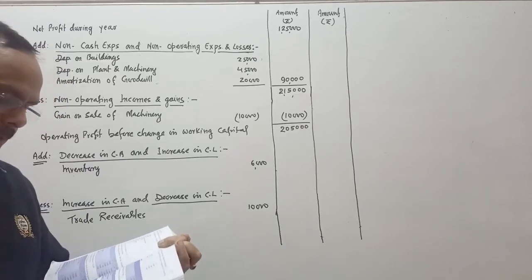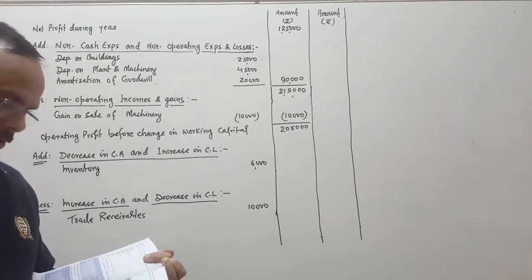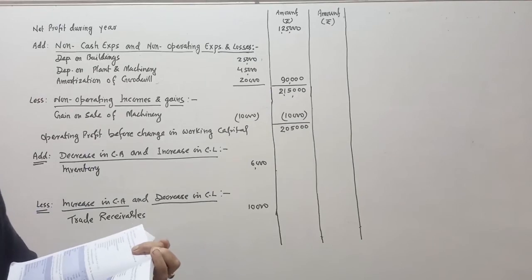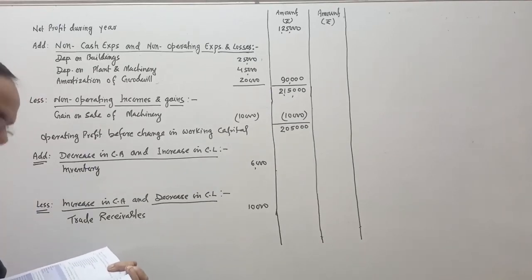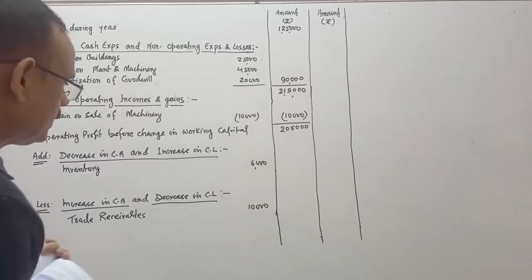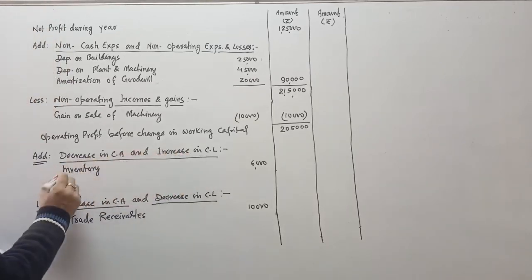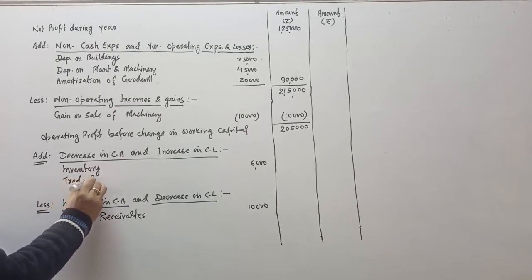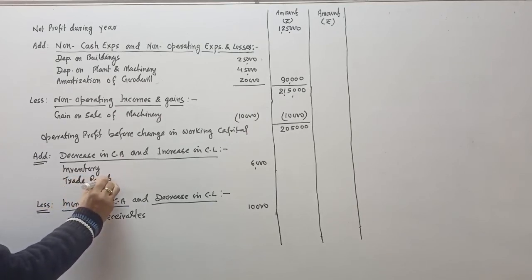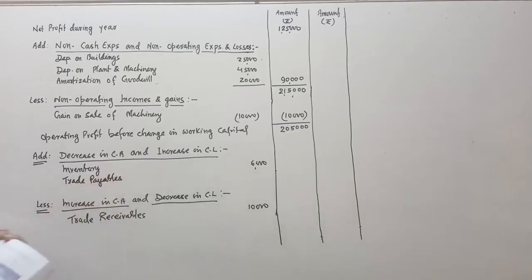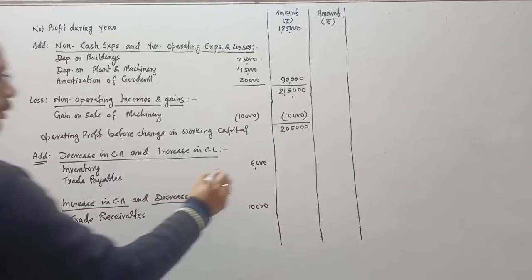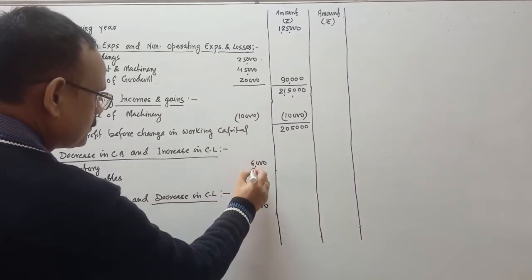Trade payable is a current liability. Last year it was 30,000 and this year it is 32,000. So trade payable has increased by 2,000. It is an increase in current liability, so we will add it.